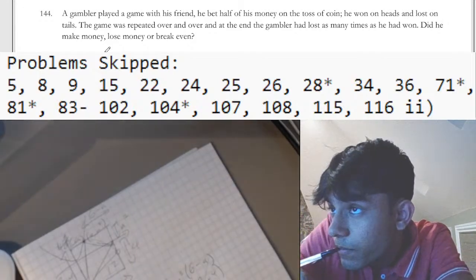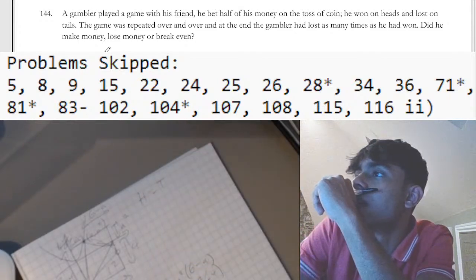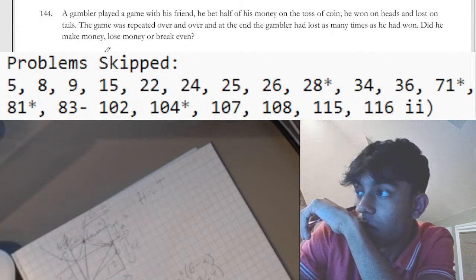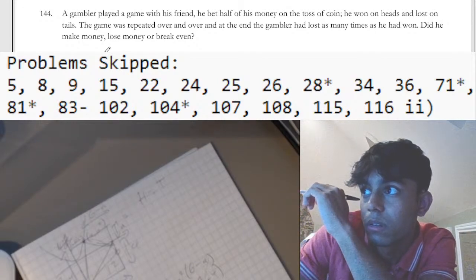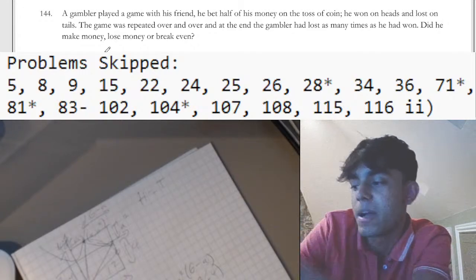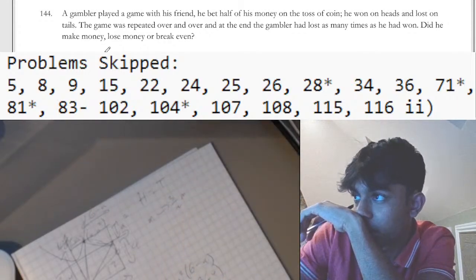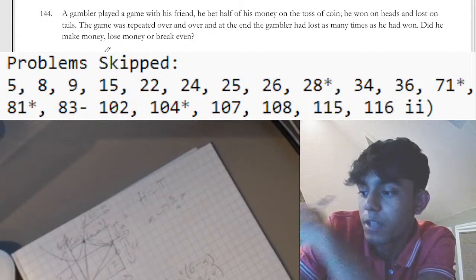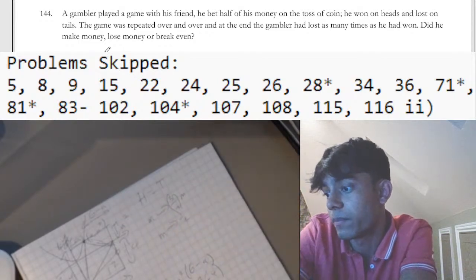Because the number of heads is equal to the number of tails, and he bets. I mean, it's not clear how much he wins if he wins. Probably he gets his total money back. So if he has money M, he goes to 3/2 M. So if he wins his money is multiplied by 3/2, and if he loses his money is multiplied by half.